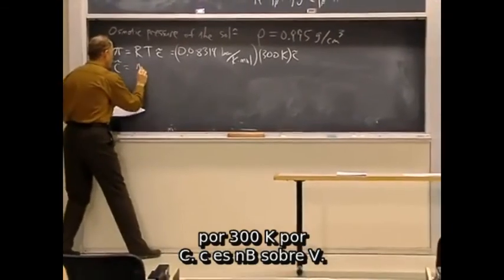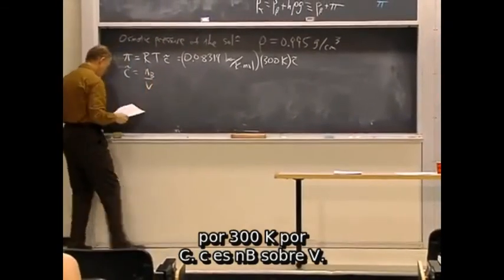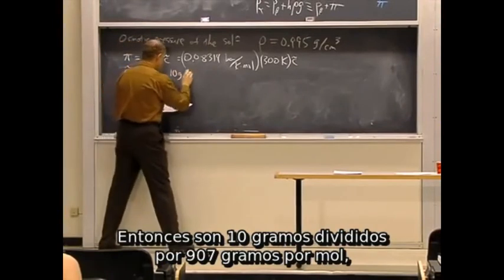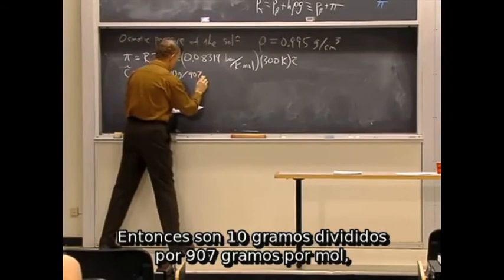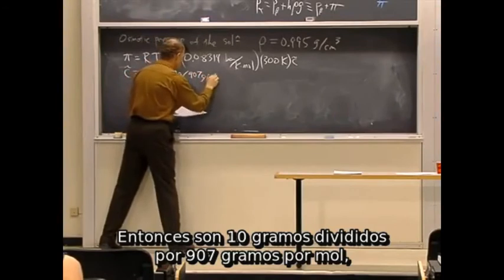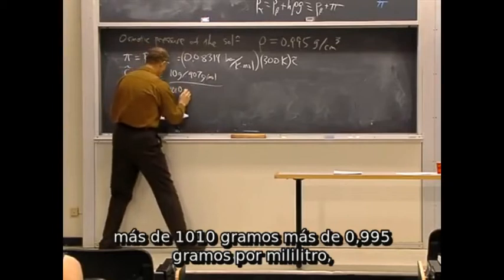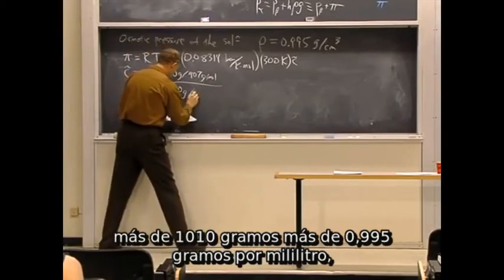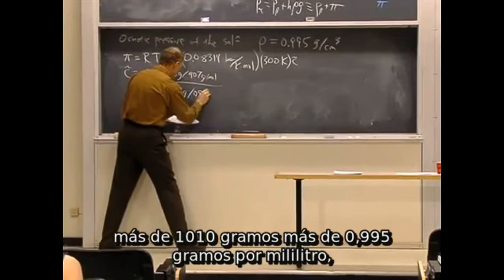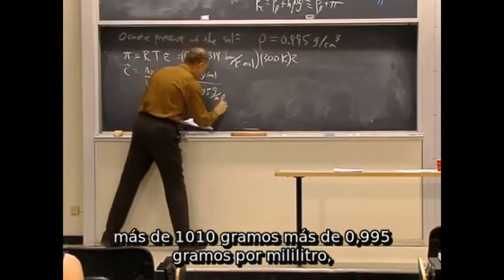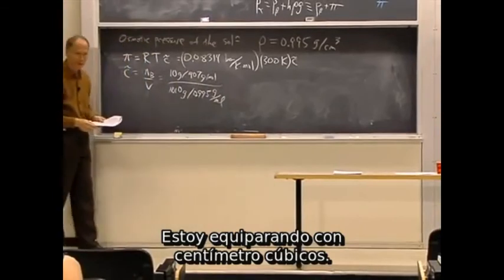C is NB over V, so it's 10 grams divided by 907 grams per mole over 10 grams over 0.995 grams per milliliter. I'm equating with centimeter cubed.